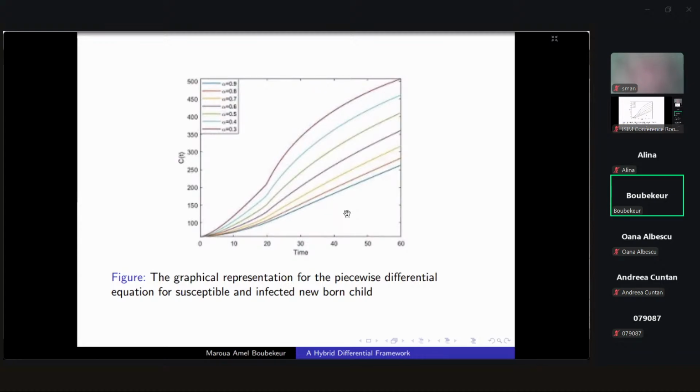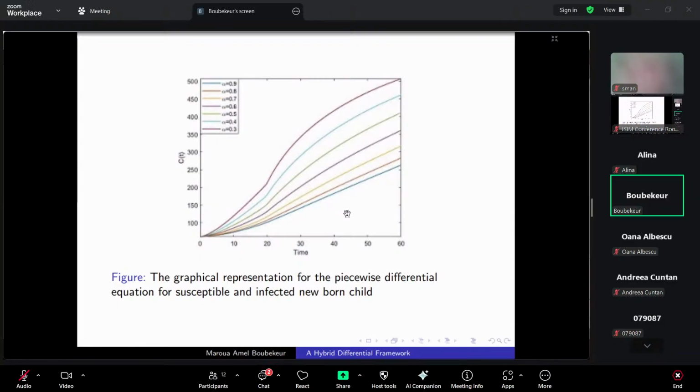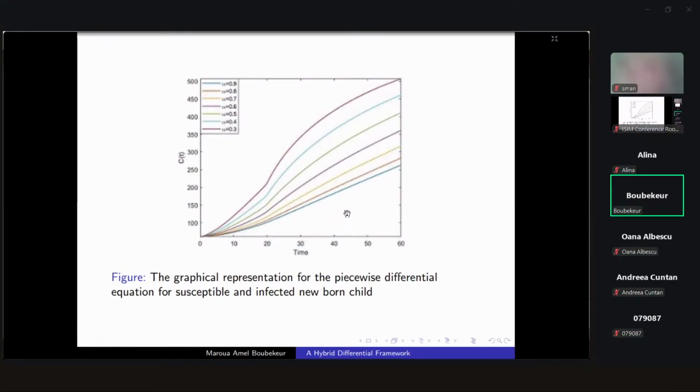Finally, I will give a conclusion. In the model that considers horizontal and vertical transmission of HIV, we observe an increase in the infected adults and an increase in the susceptible population of adults, as allowed by the model literature.